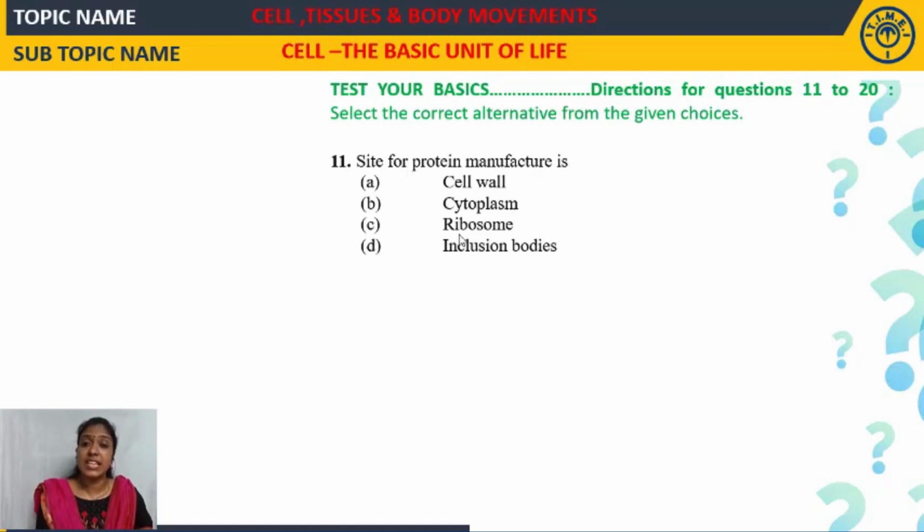They can be seen freely in the cytoplasm, and most are attached to the endoplasmic reticulum, that is the RER, rough endoplasmic reticulum. So what is the correct answer? It is option C. Ribosomes are the site for protein manufacture. I hope it's clear. So choice C.